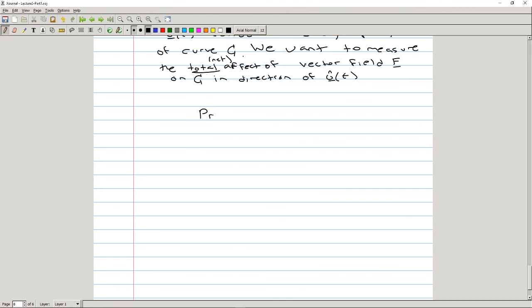We do the projection of F of t in the direction of u hat of t, which is equal to the dot product, and it's really just the magnitude of this projection that we care about.